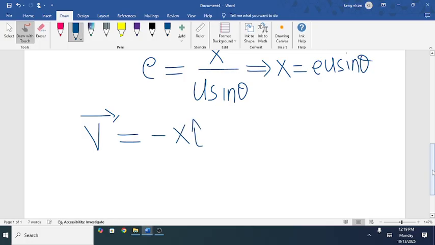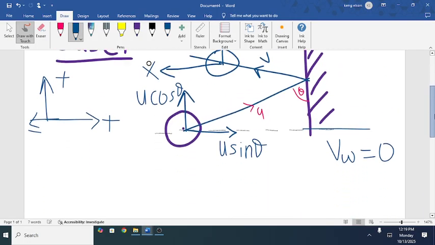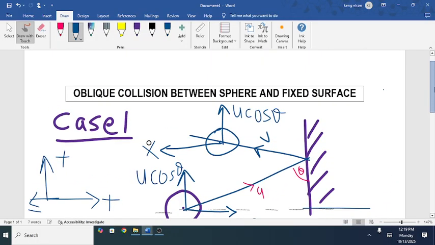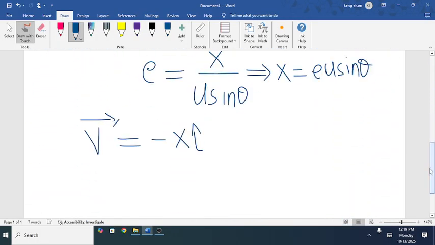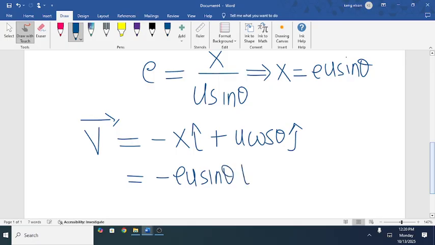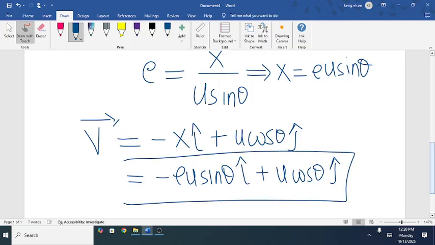We are putting minus because x is moving to the left, and then moving upward is u cos theta. Remember, velocity is a vector, plus u cos theta in the j direction. So we get minus e u sin theta in the i direction, plus u cos theta in the j direction. This gives us the velocity.